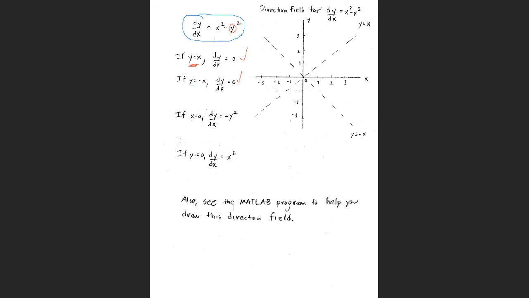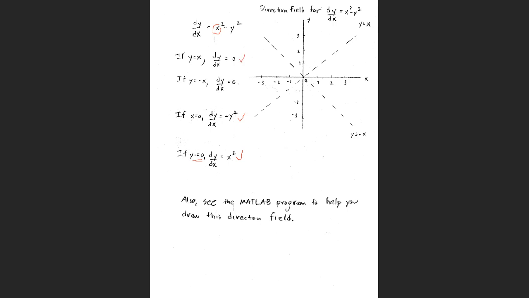And then I decided, what if x were equal to 0? If x were equal to 0, and I substituted in 0 for x, I would get dy dx equals negative y squared. And similarly, if y were equal to 0, then dy dx would equal x squared.